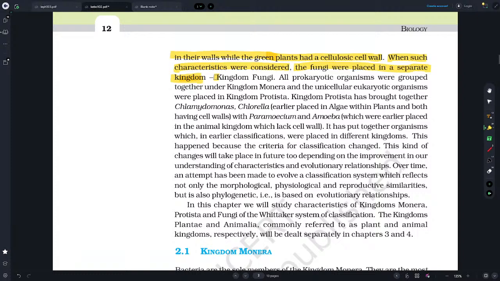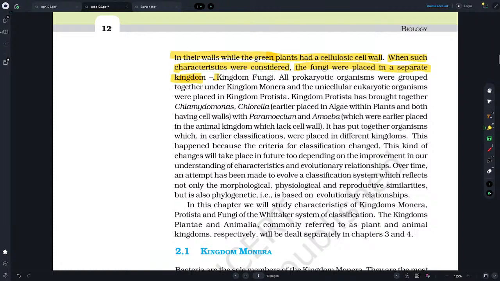If these are two hyphae, which are network-like structures, and together a network of hyphae is what we call mycelium.